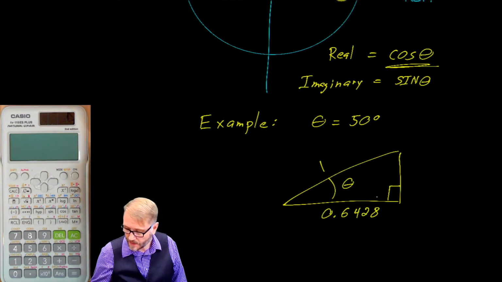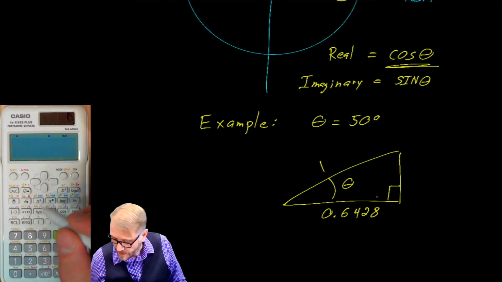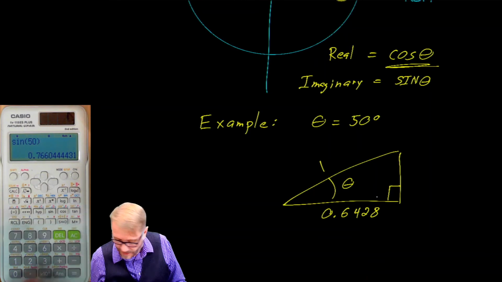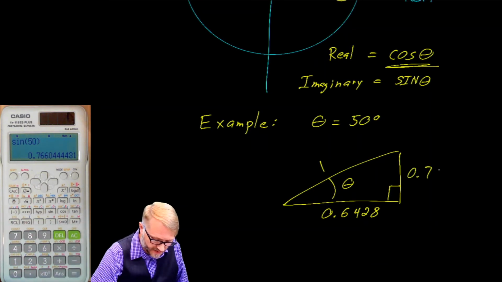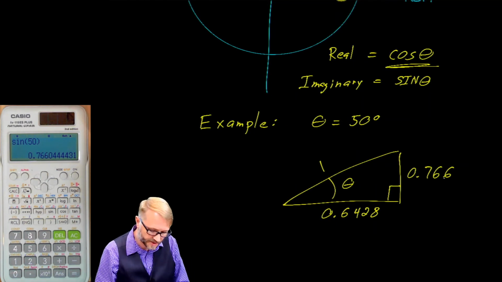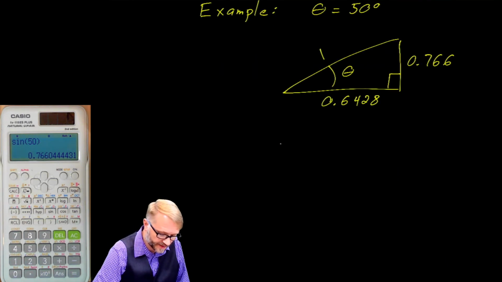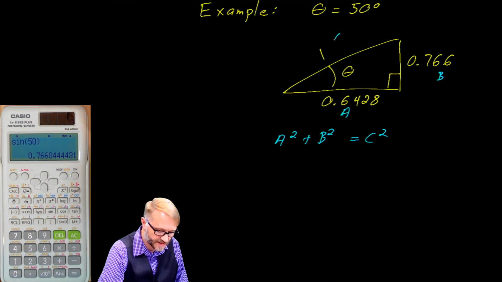Now we can do the same to determine the magnitude of this direction. So you would say sine of 50 degrees, and that is 0.766, which means my triangle is not quite proportionally correct. However, it's close enough for now. You could verify this very quickly using the Pythagorean theorem. That was a squared plus b squared is equal to c squared, where this is a, this is b, and this is c.